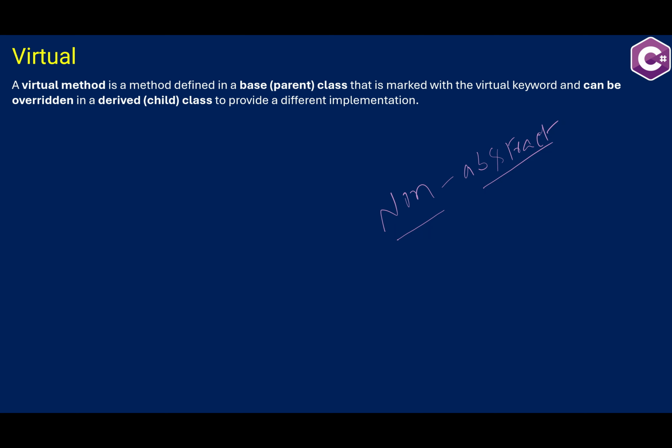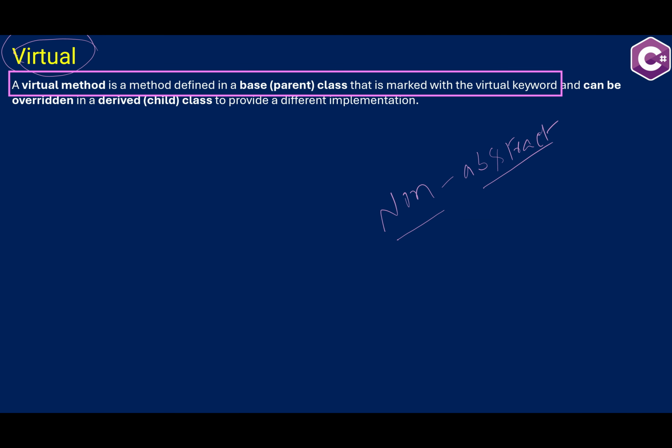We won't define virtual methods in abstract classes; we define them under non-abstract classes. A virtual method is defined in the base class and marked with the virtual keyword, and it can be overridden in the derived classes, I mean child classes, to provide different kinds of implementations. So let's implement this concept in one program.